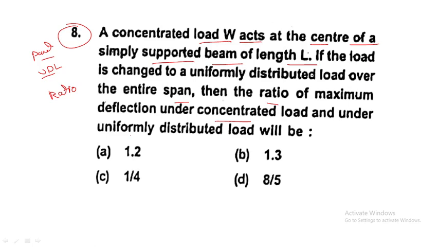Simple question, but you have to understand. They have given one beam with a point load, and with the same beam they have changed the loading condition to UDL. So now you have to make the ratio of both.